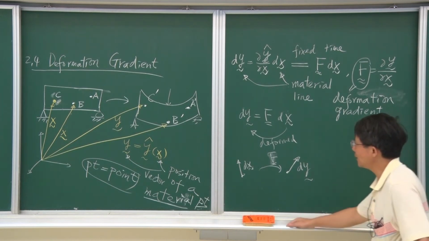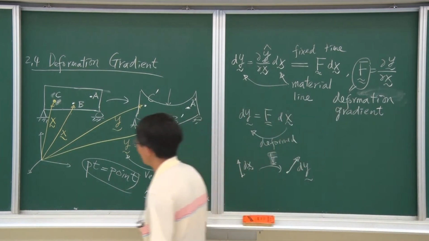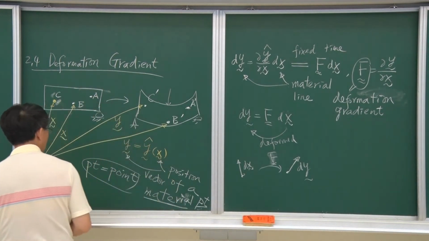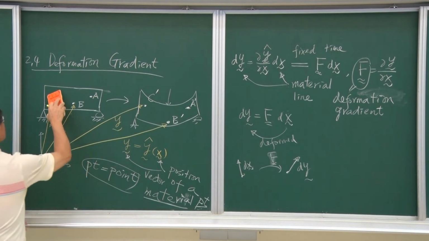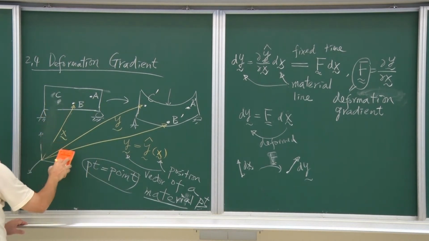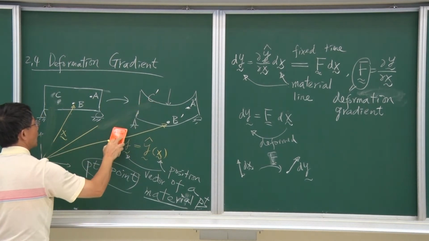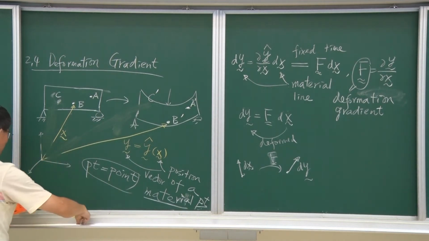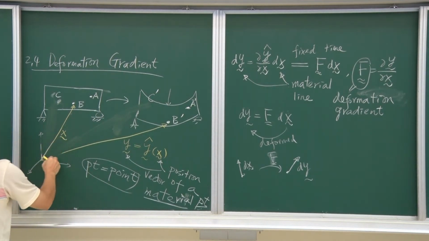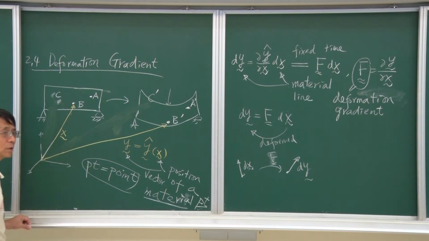Okay, let me draw a picture here. We drew this picture before, and we can draw it again in order to clear our picture. Okay, it looks more beautiful. Otherwise the blackboard is too dirty.